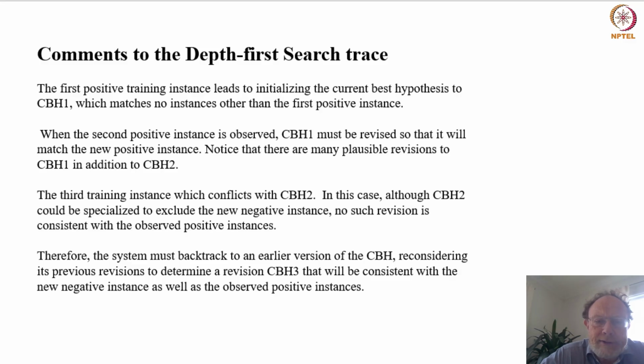But actually now, considering the third negative instance, the system must then backtrack to an earlier version of this current best hypothesis, reconsidering its previous revisions to determine a CBH3 that is consistent with the new negative instance as well as the observed positive instances. So this is the result in the end.